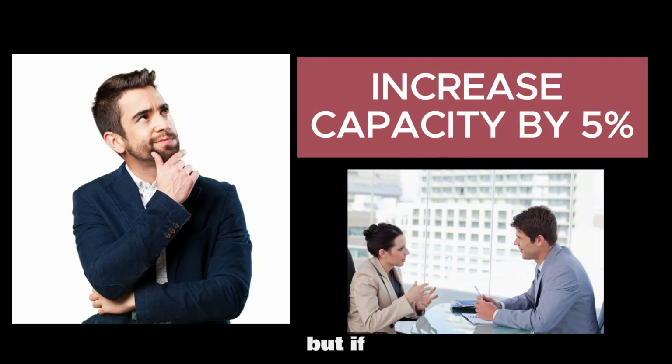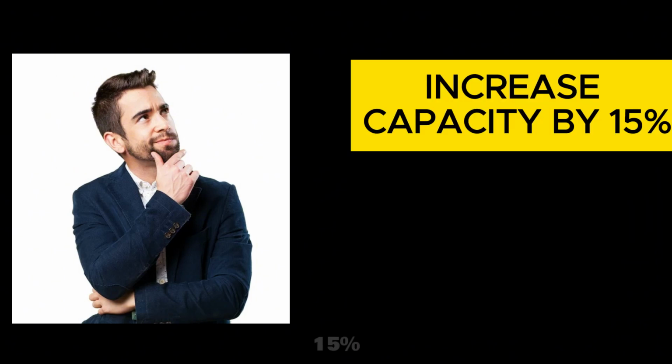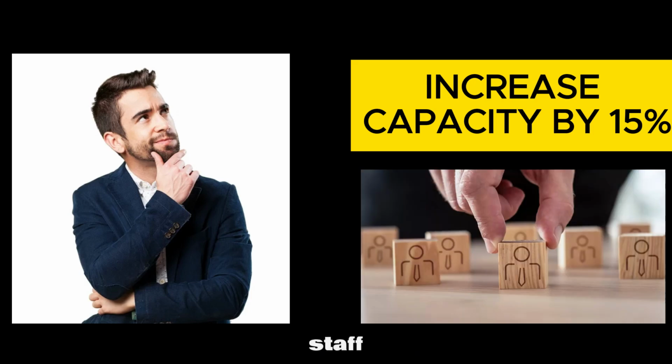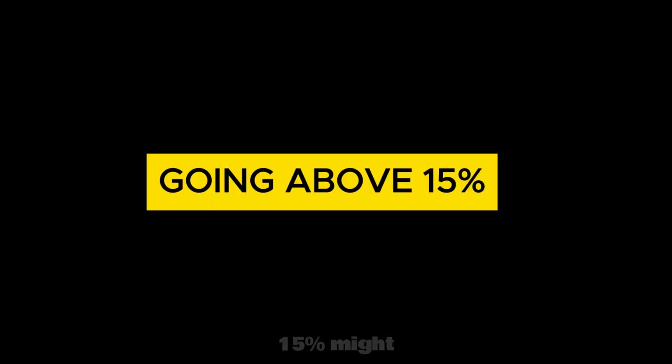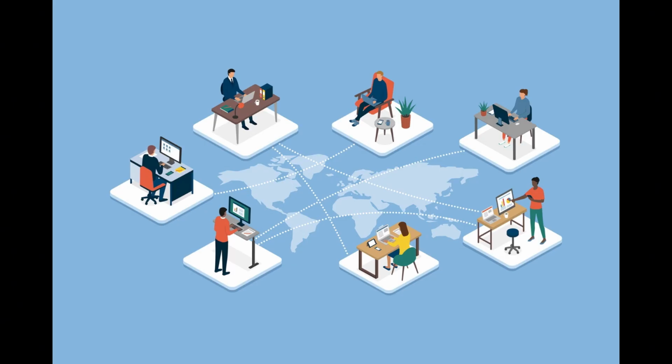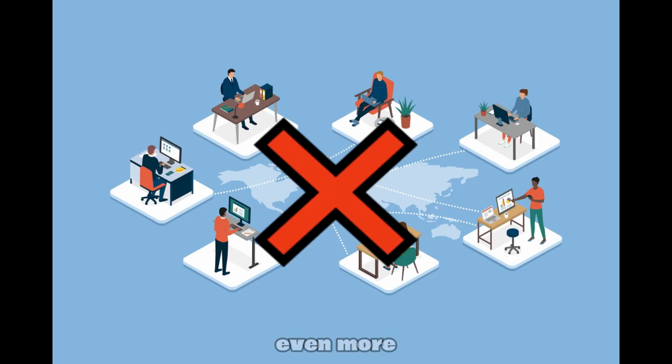But if you need to increase capacity by 15%, you might have to hire temporary staff, which costs more money and takes longer to fill in. Going above 15% might mean outsourcing some work, which is even more expensive.